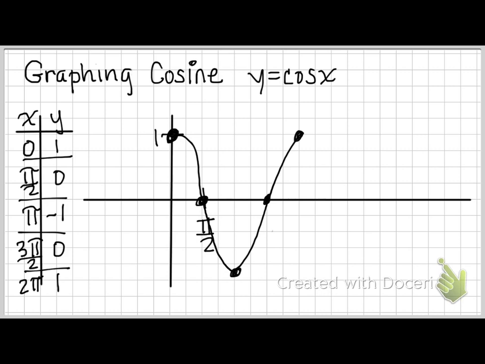All right, and then it'll continue through that cycle, infinitely to the right and infinitely to the left. So you can see how that's very similar to sine. And then again, I'll just briefly look at the variations that we could have on this.